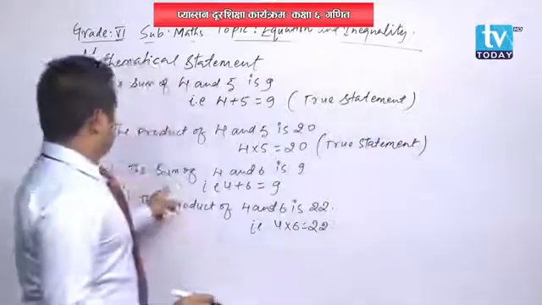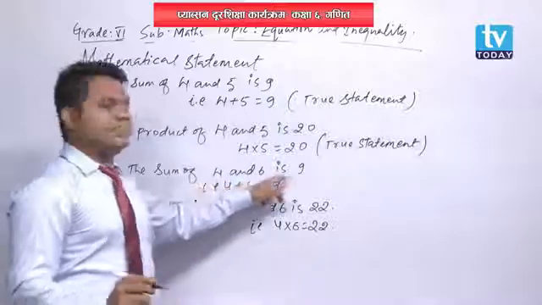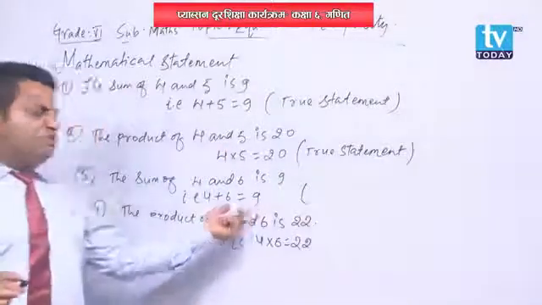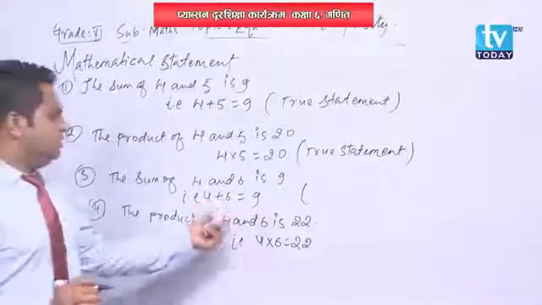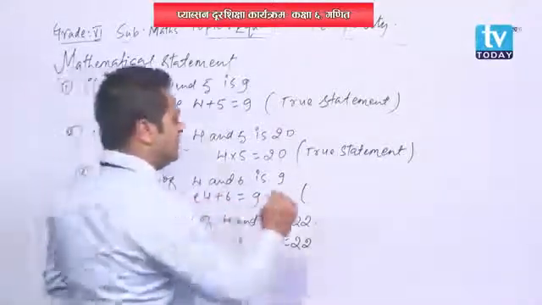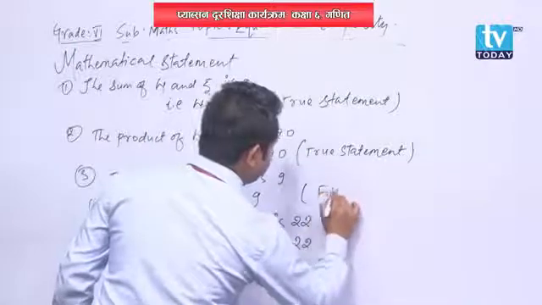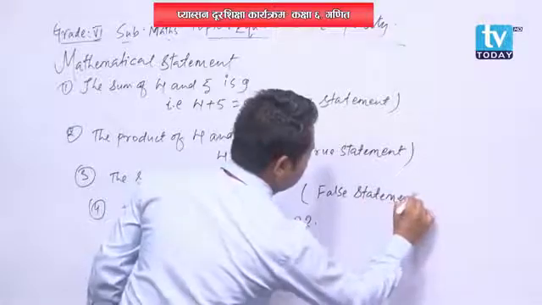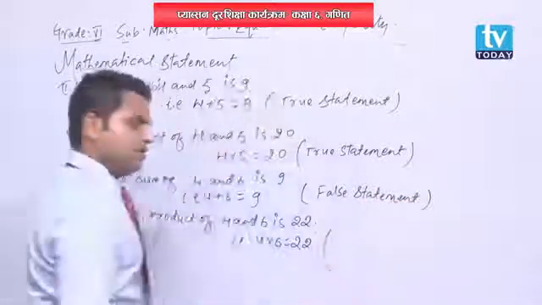Now check here, the sum of 4 and 6 is 9. This is a false statement, because 4 plus 6 is 10, and 10 cannot be equal to 9. False statement. Is that clear?